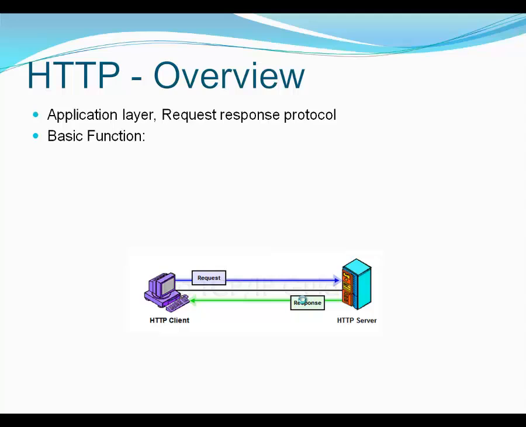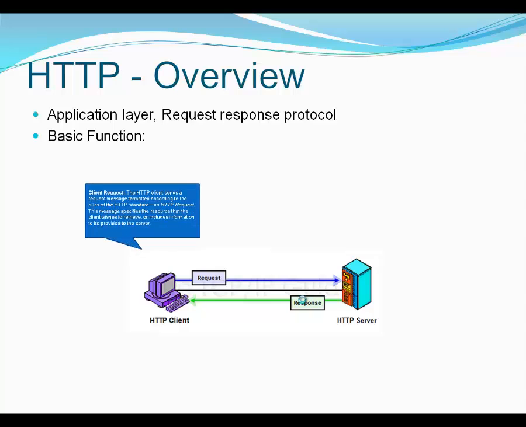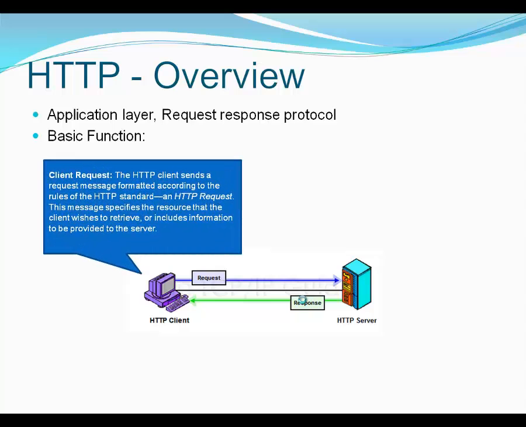First, a TCP three-way handshake is completed, and only then is the HTTP message sent. When the client request is initiated, the HTTP client sends a request message formatted according to the rules of the HTTP standard or RFC. It's called an HTTP request.